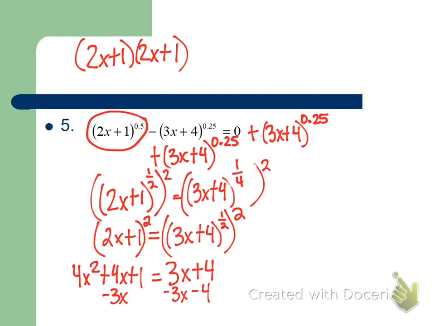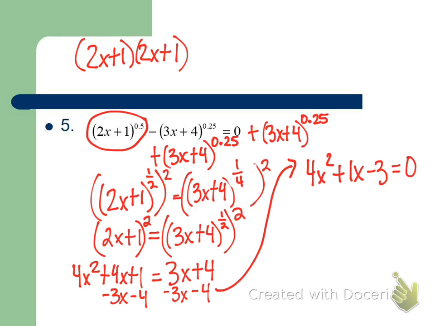Subtract 3x, subtract 4. Okay, when I do that, I'm going to carry it up here. 4x squared. What else is left? Plus 1x, good. Minus 3 equals 0.